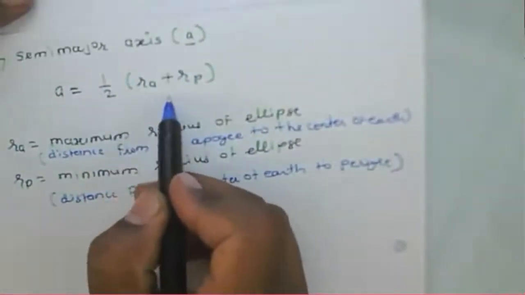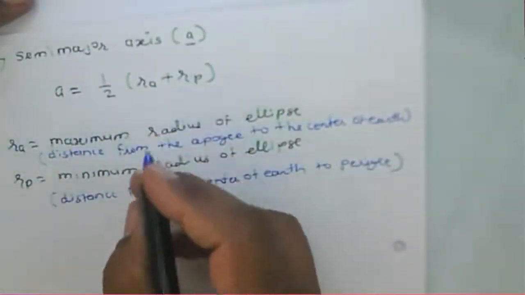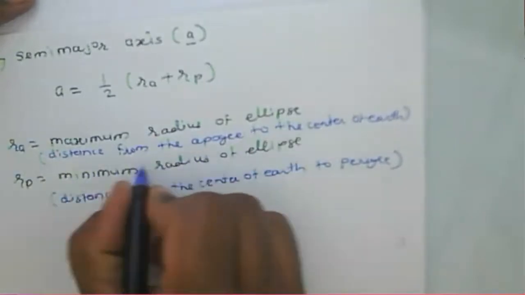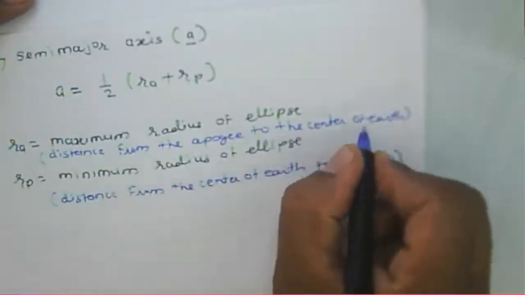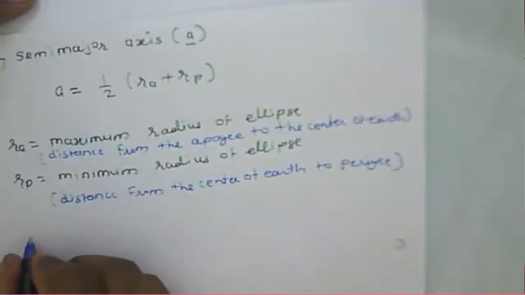So we can calculate the radius of the same major axis based on this Ra and Rp.